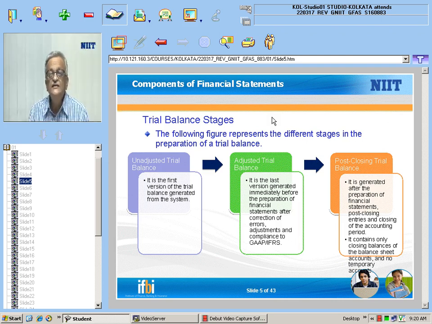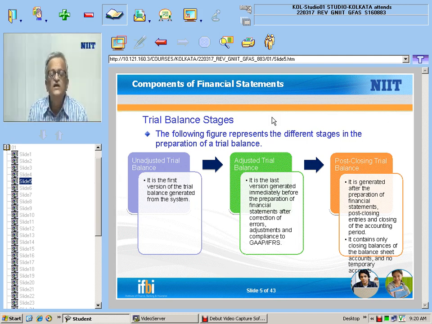Second, adjusted trial balance. In this adjusted trial balance, various adjustment entries are taken into account. As I told you, the deferral, accrual, depreciation, then provision for doubtful debts, provision for uncollectible items, then provision for obsolete inventory.